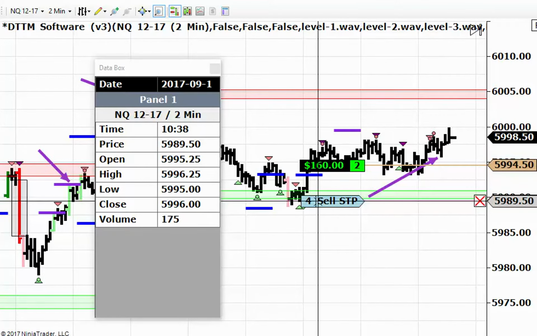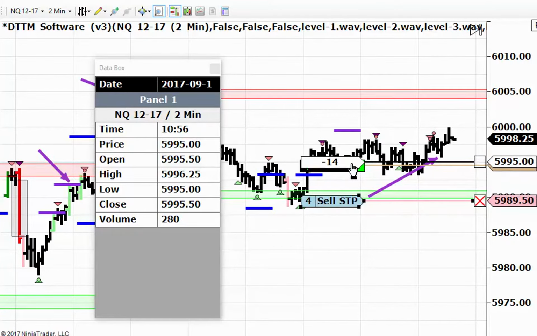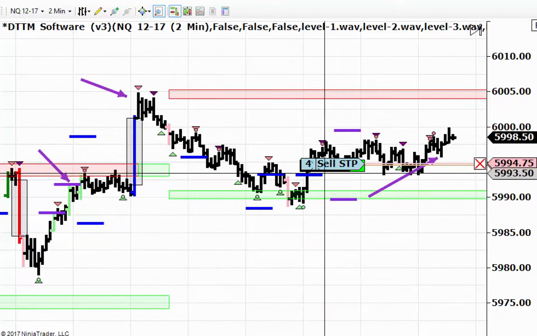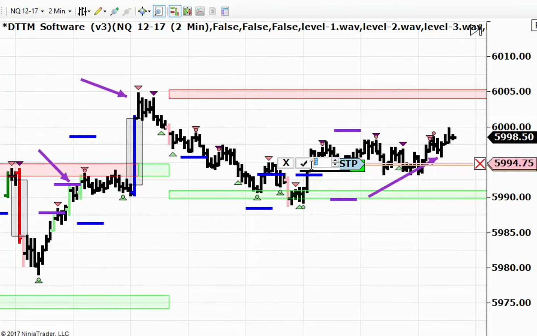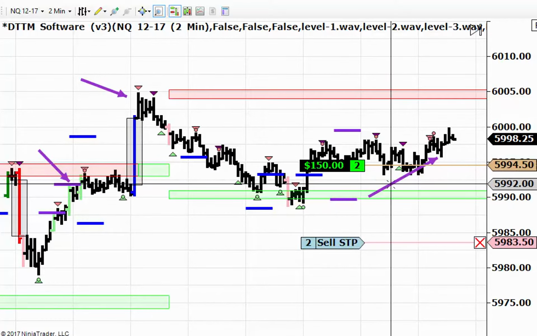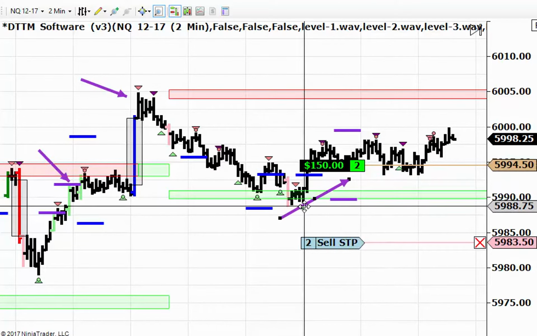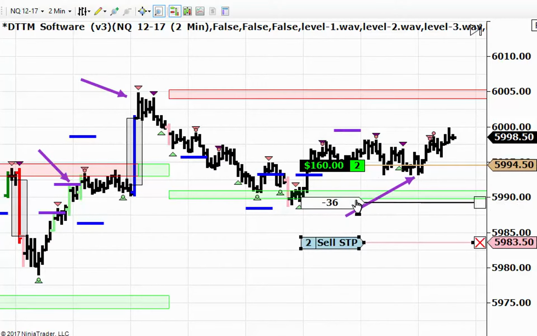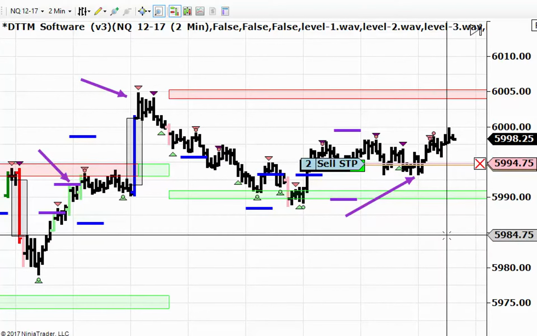So if I bring the stop up to 94.75, that's just a tick above where we entered. Now I need to adjust the quantity down to 2 because we've sold 2. I'll move it out of the way so you can see the green background with the number 2 right there. That's the number of contracts that we have left. So bring that stop right back up to 94.75. That's our protective sell stop at this point.